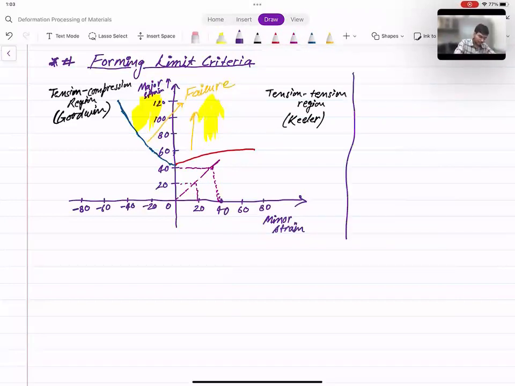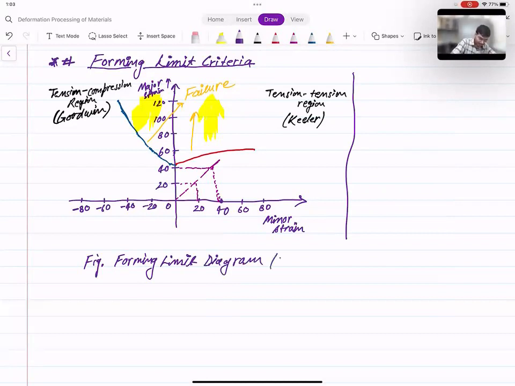basically, this diagram, let me write first, is the forming limit diagram, or the Goodwin-Keeler diagram.